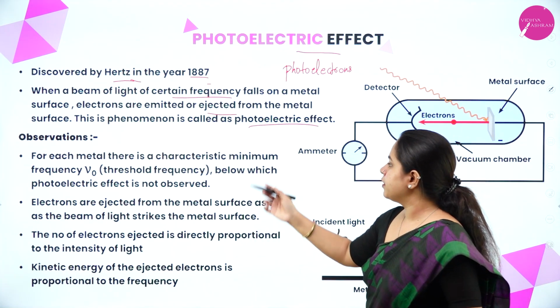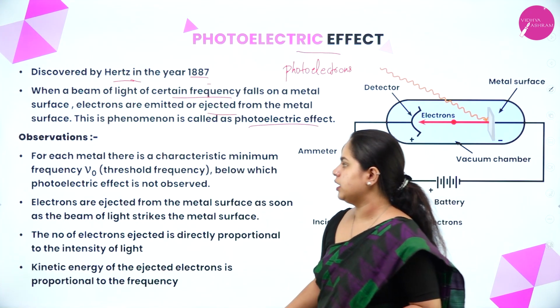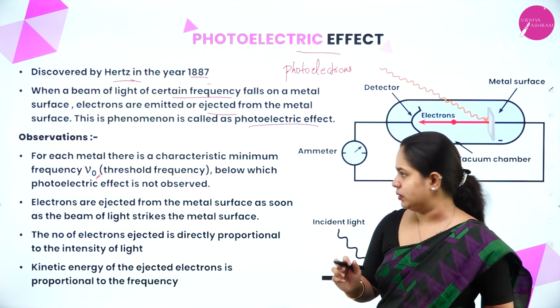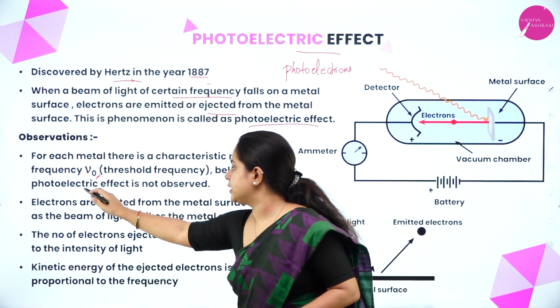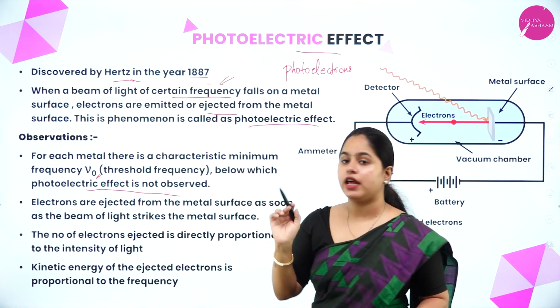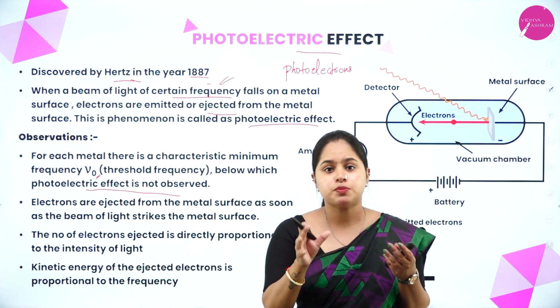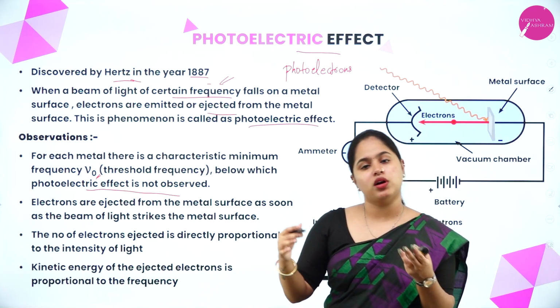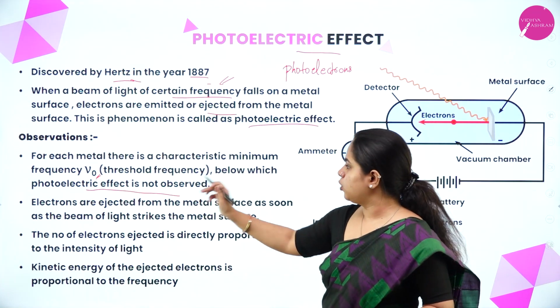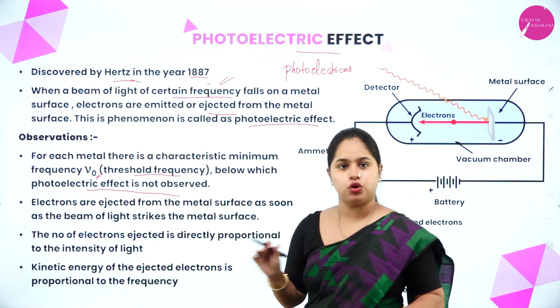For each metal, there is a characteristic minimum frequency which is called nu naught, that is the threshold frequency, below which the photoelectric effect is not observed. So, as you can see here, a beam of light of certain frequency. This particular frequency is different for different metals. Each metal will have a minimum required frequency which is called the threshold frequency.